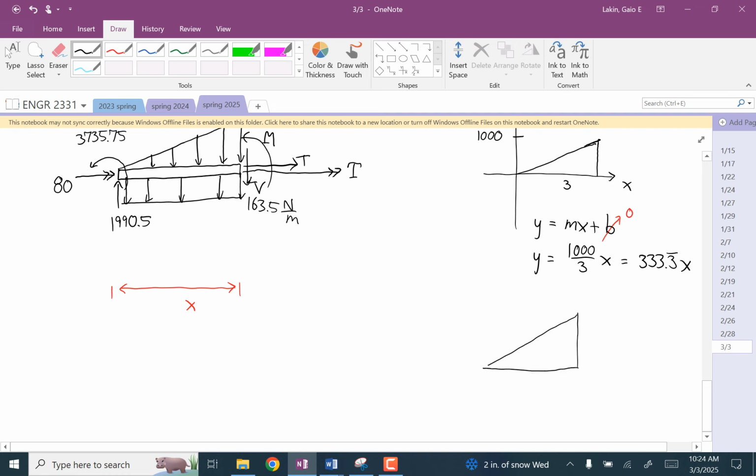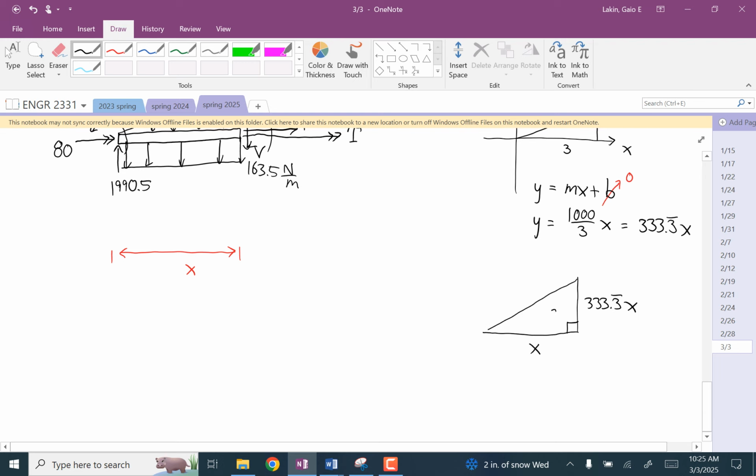This triangle has a width of x, a height of 333.3 repeating times x. We know that from the right angle, it's 1/3 of the way along the base. So that means from the other edge, it's 2/3 of the way.